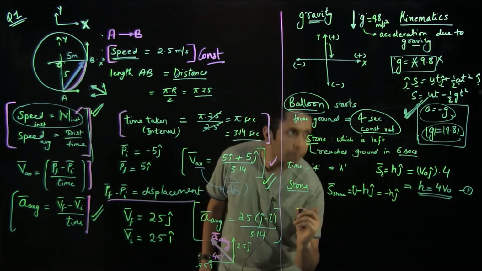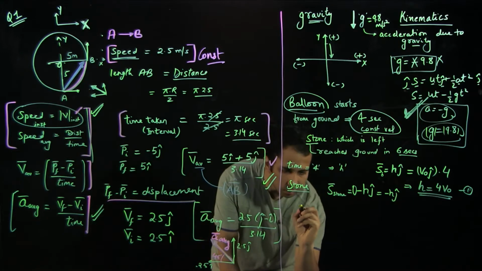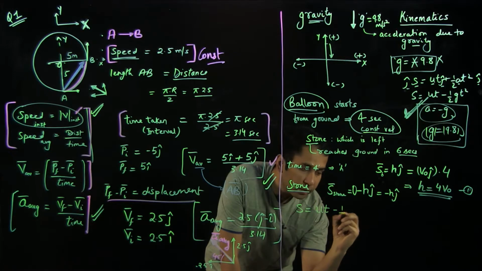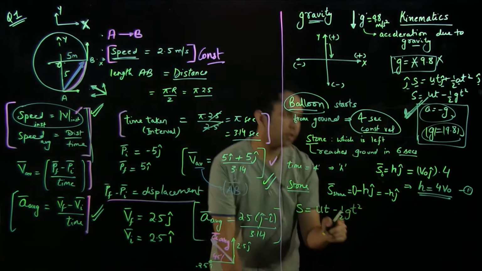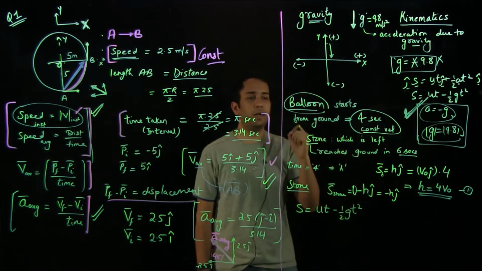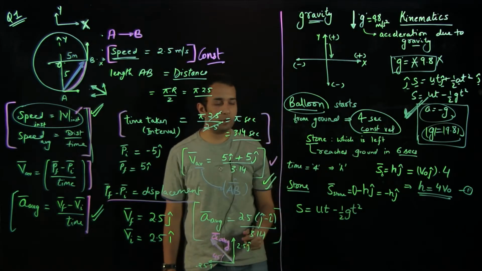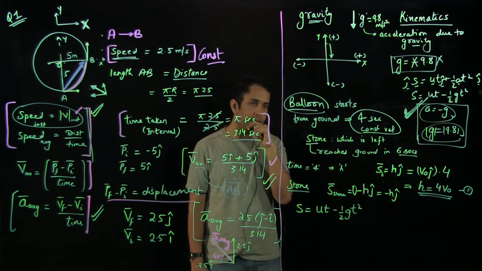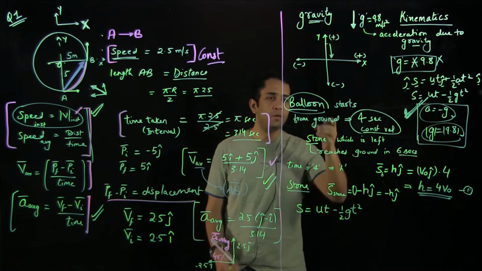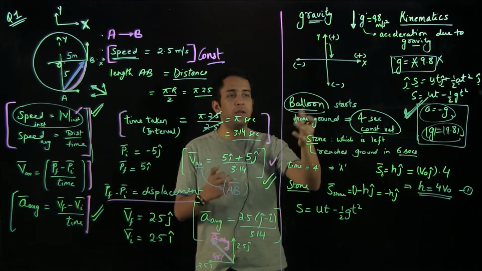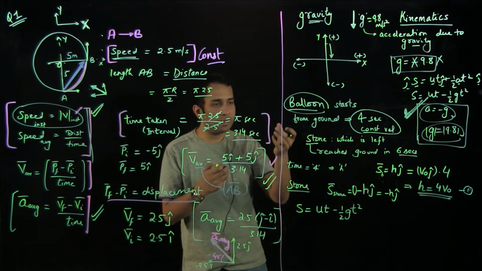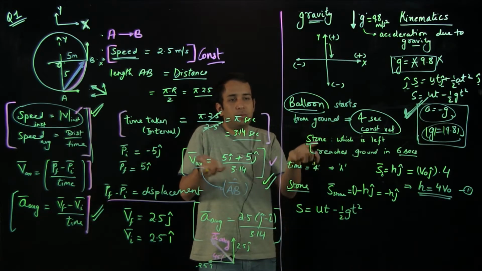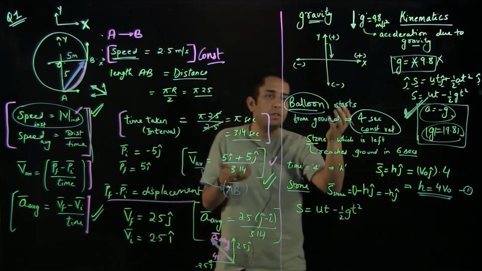And then we can apply this equation: S equal to ut minus half g t square, because the acceleration equal to minus g is acting on the stone while it is coming down. I think I mentioned earlier that the stone would be leaving the balloon with 0 velocity, but that is not so. If I am in the balloon and I leave the stone, then I am also moving with a velocity equal to v naught, the constant velocity of the balloon.